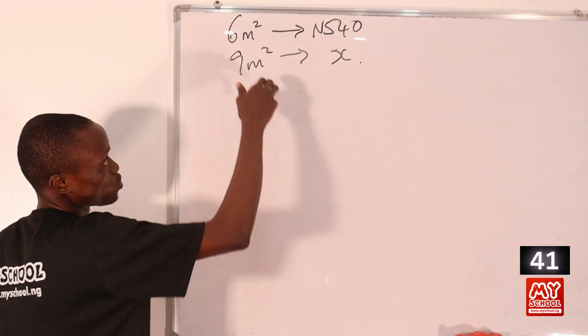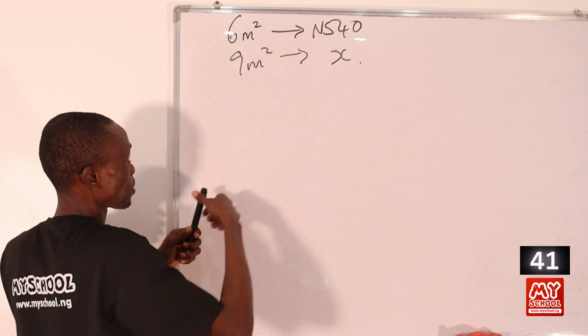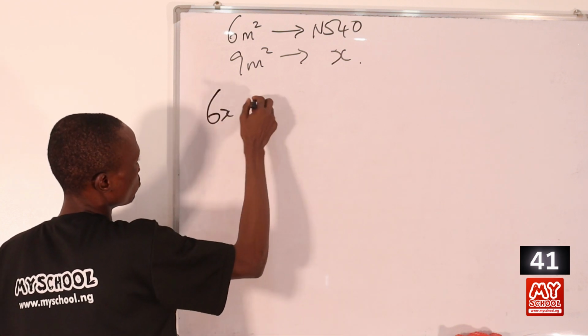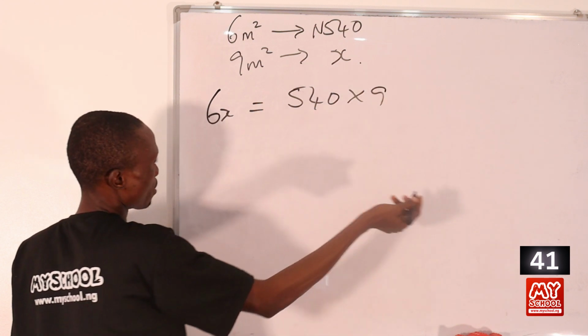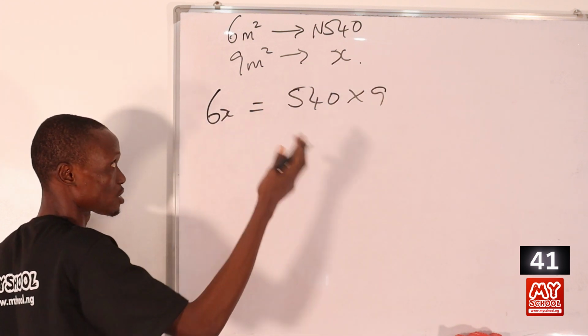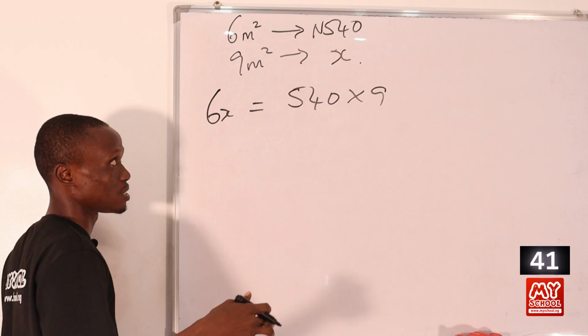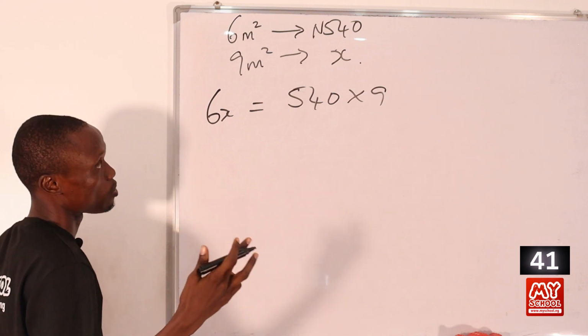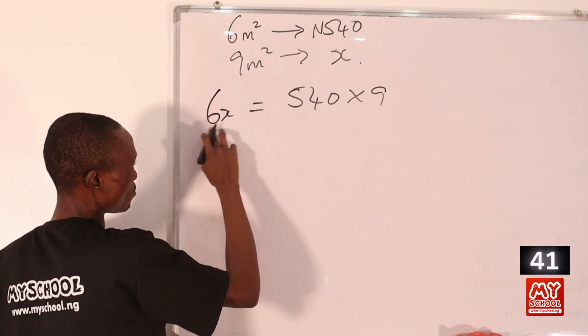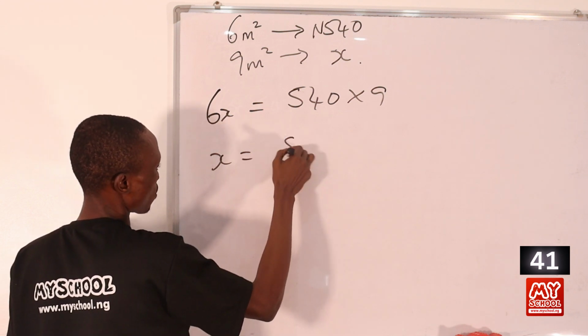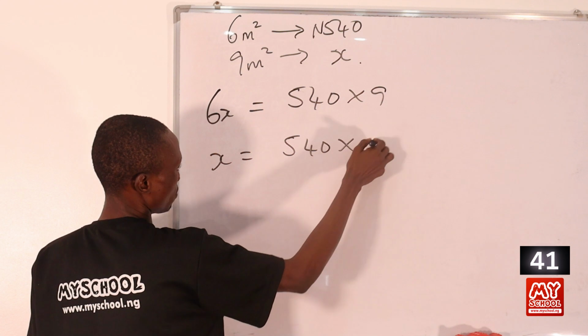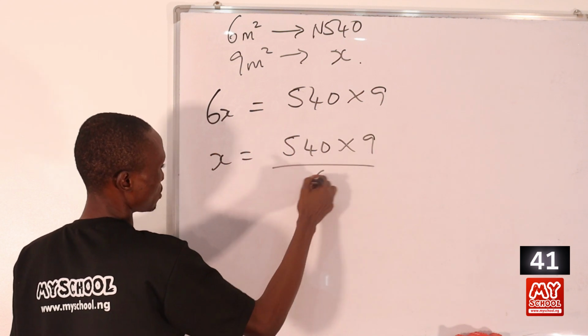Okay, so in this case we just cross multiply. So if we cross multiply, we have 6s equals 540 times 9, right? Since we are looking for s, which represents the cost of renovating a 9-meter square room. So we divide both sides by the coefficient of s, so that s is equal to 540 times 9 all over 6.